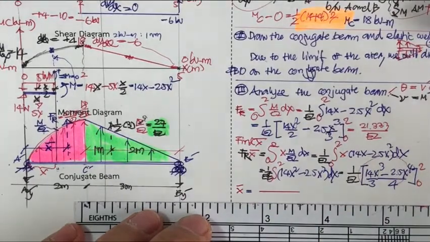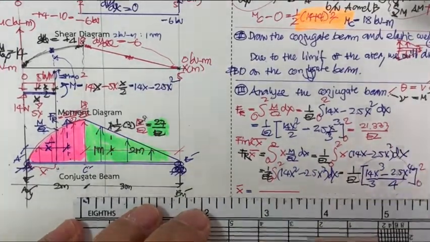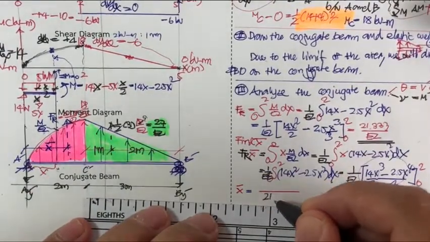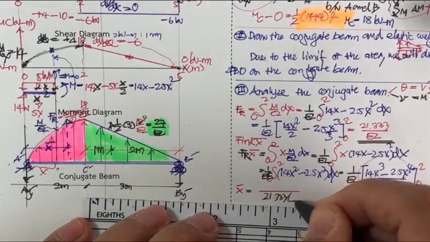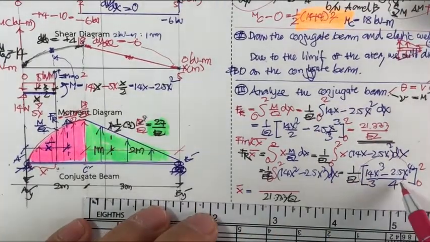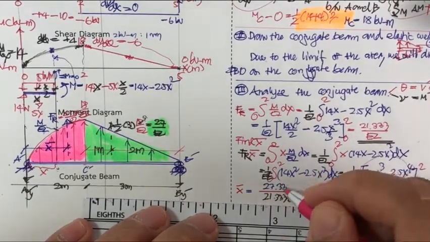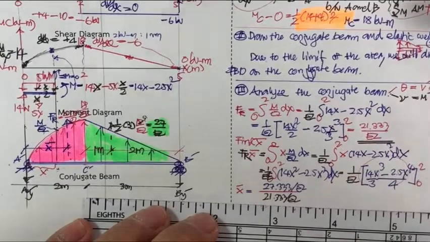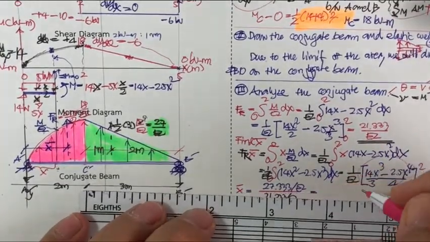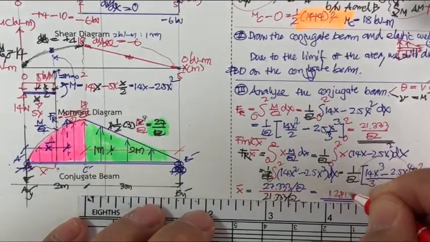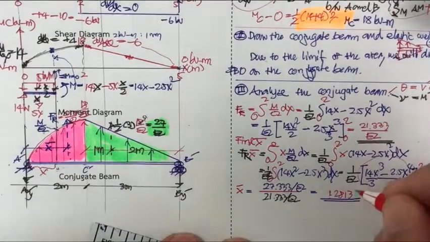divided by F sub r. F sub r is over here, F sub r divided by 21.333 over EI. Okay, you do the integration of this and you will get 27.333 divided by EI, and then finally you arrive at the x bar of 1.2813 meter.